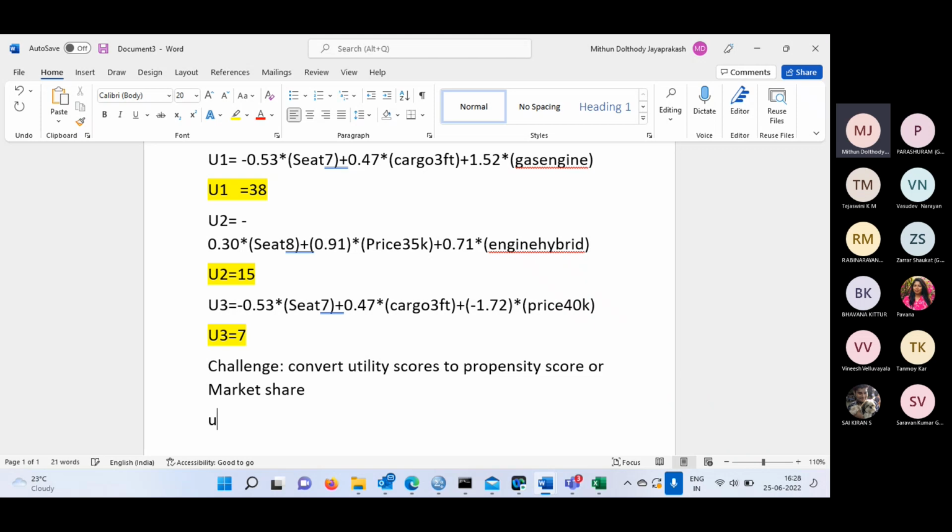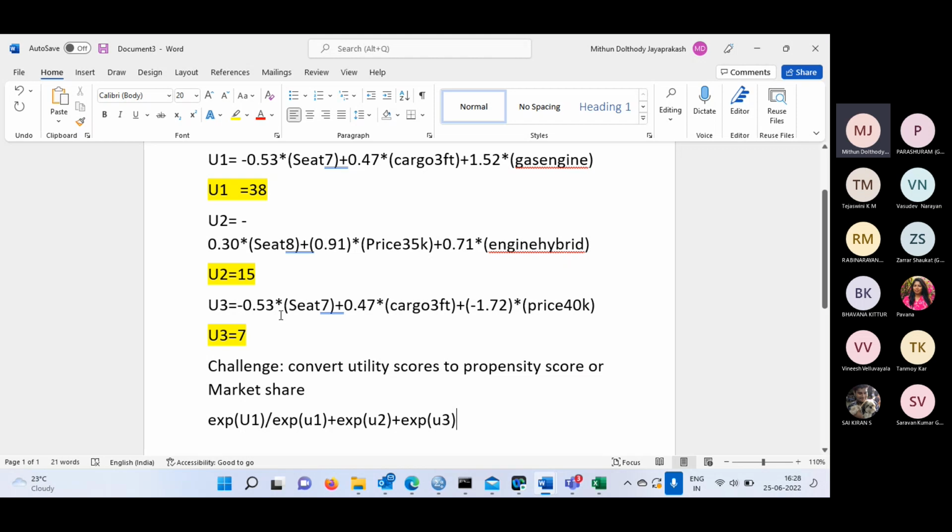Very simple. Take the utility of a vehicle with these characteristics: 7-seater, cargo 3 feet, gas engine. Take that value of U1 in Excel or any tool. U1 is 38. Pass it through the exponential function, and divide this number by exp of U1 plus exp of U2 plus exp of U3.